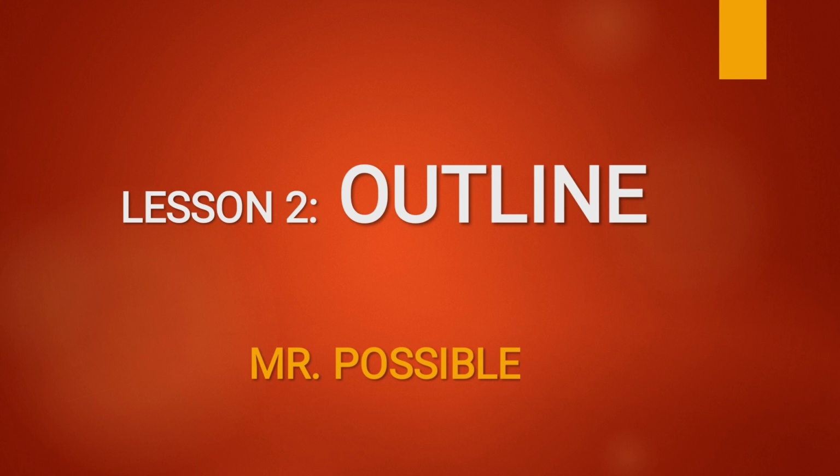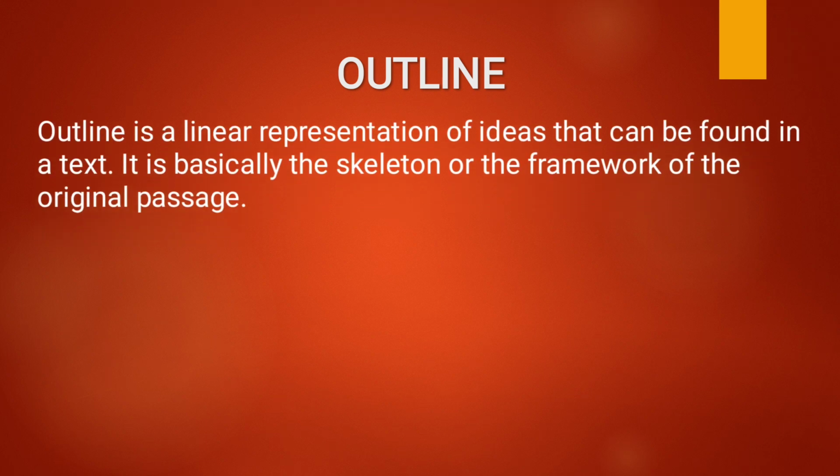It means that as soon as you hear outlining or outline, the first thing that must come into your mind is a representation, but one that can be arranged in a line form. So it is a linear representation of ideas that can be found in a text.